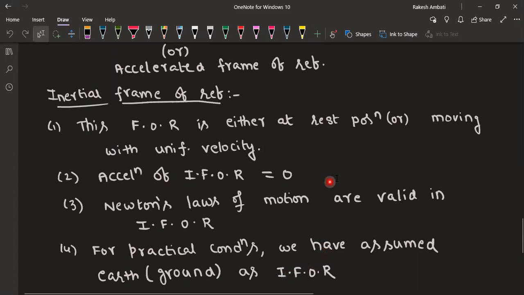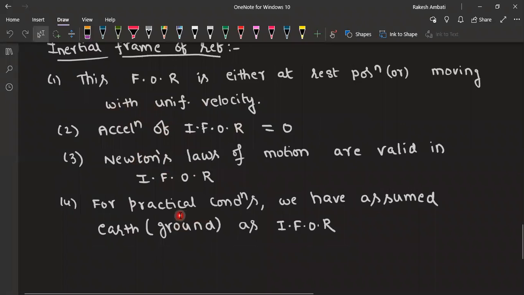Inertial frame means this frame of reference is either at rest or moving with uniform velocity. So acceleration is 0 and Newton's laws of motion are applicable. And fourth point, for practical reasons, we are taking earth as inertial frame of reference.